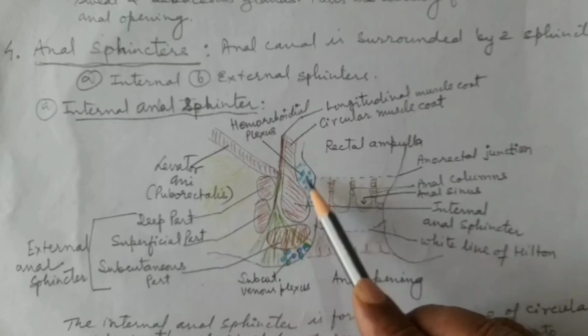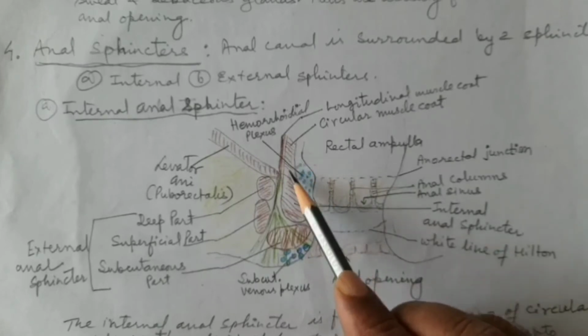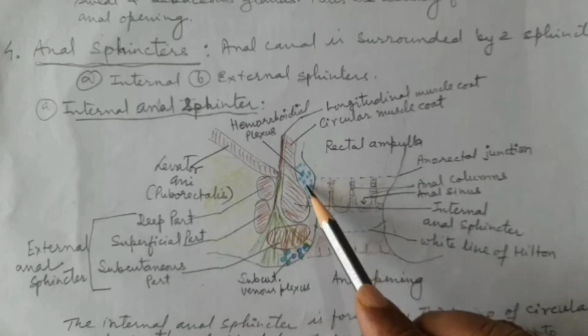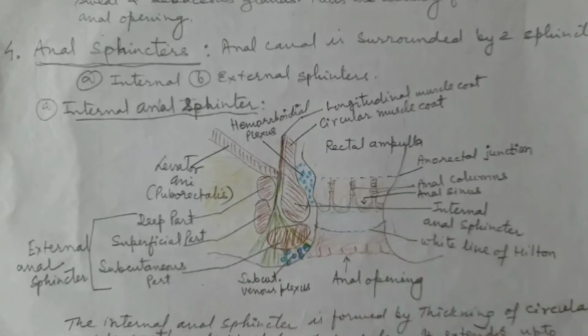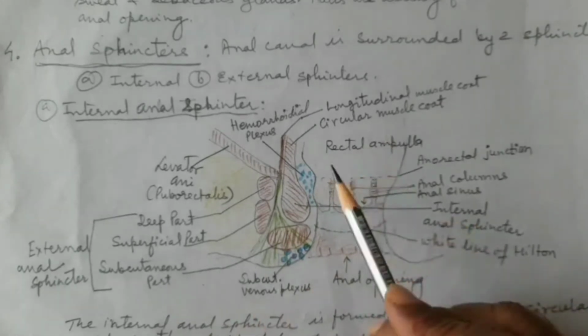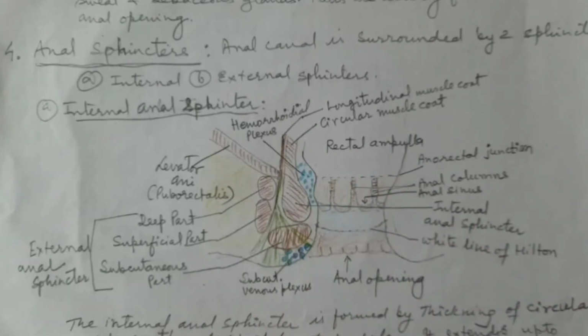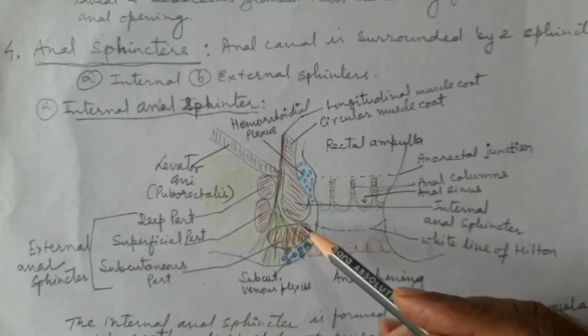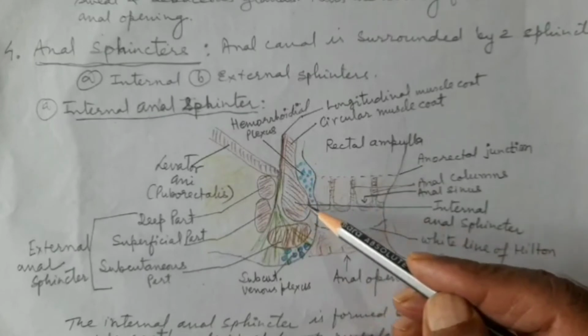This plexus, which is deep to the circular muscle coat as well as lower down within the internal sphincter, is called the hemorrhoidal plexus. We will learn about this hemorrhoidal plexus again. So this is the internal anal sphincter.